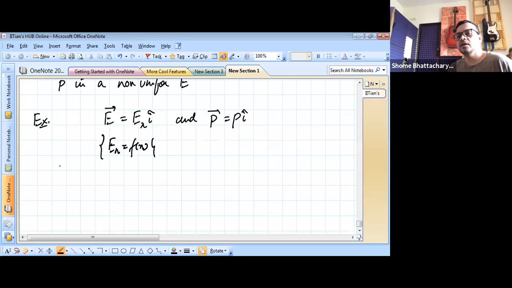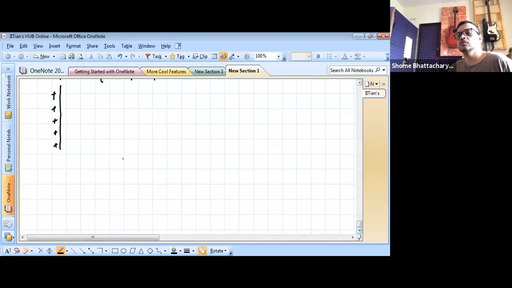Let's say I have an infinite line of charge lying along the y-axis.